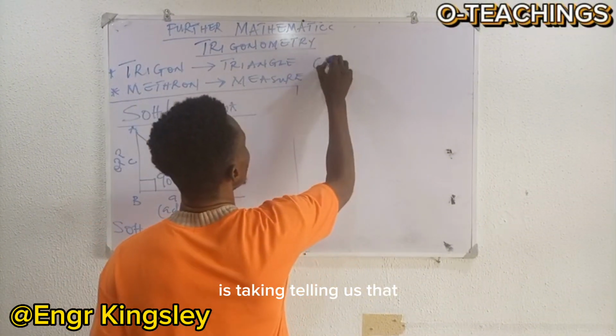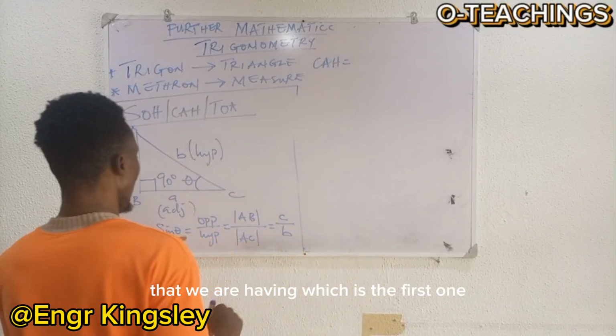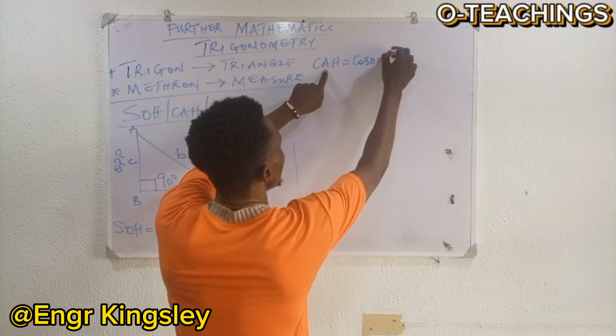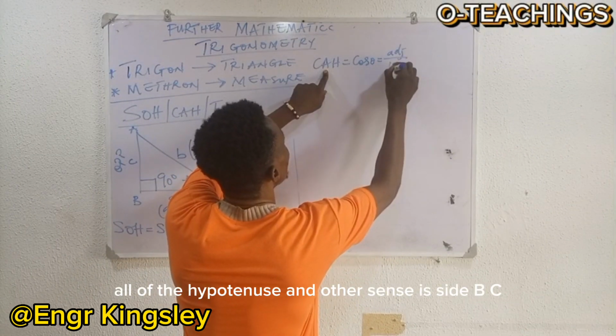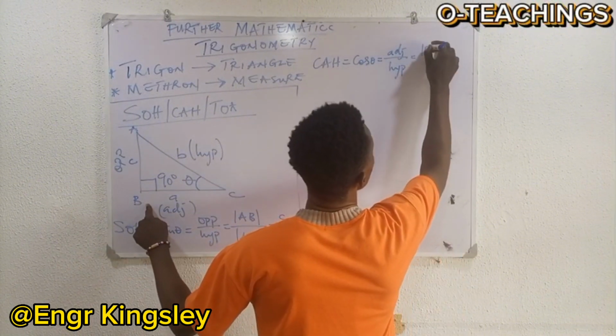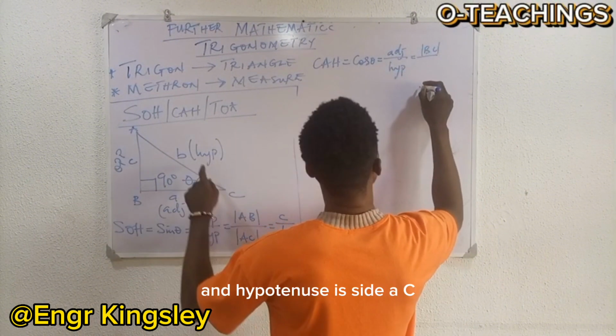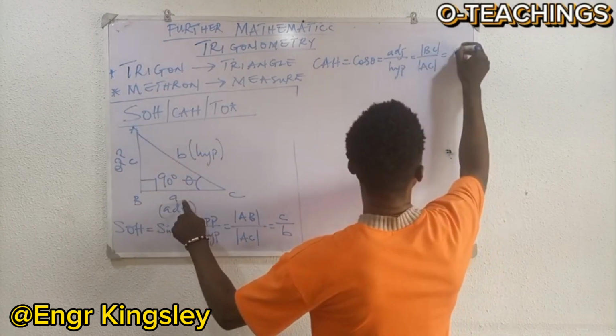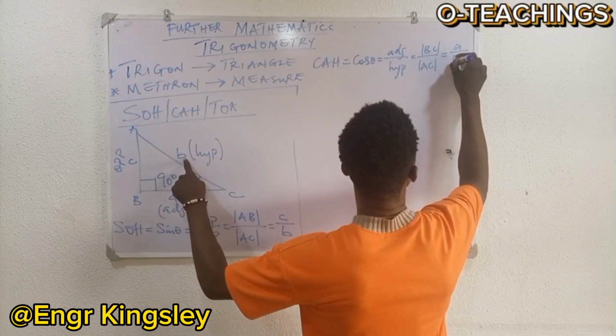Now the second division, C, is telling us that we have cos theta, and cos theta is adjacent all over hypotenuse. Adjacent is side BC, and hypotenuse is side AC. Adjacent is small letter a, all over hypotenuse, small letter b.